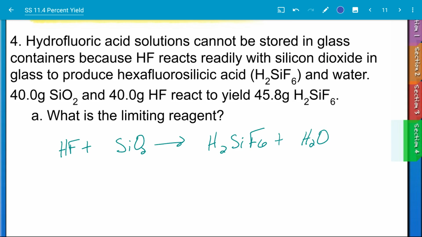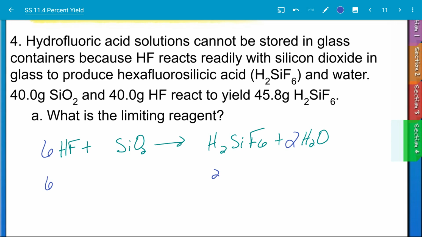Now, I'm going to skip hydrogen because I have it in two places over here, but I got 6 fluorine. I'm going to have a 6 here. And then I got 2 oxygen over here, so I'm going to have a 2 here. 1 silicon, that's fine. Now I have a total of 6 hydrogen here.